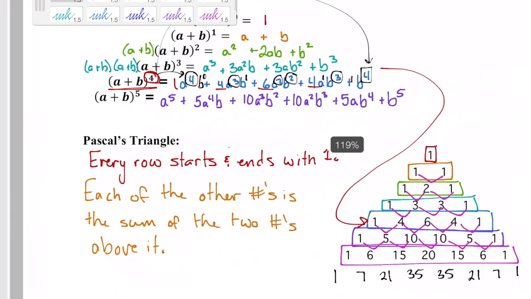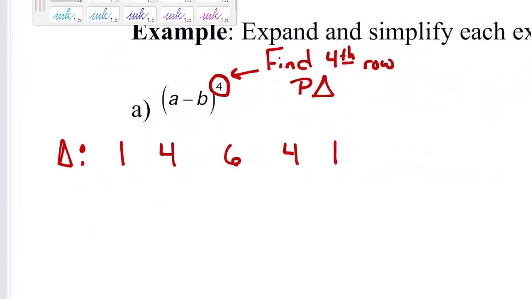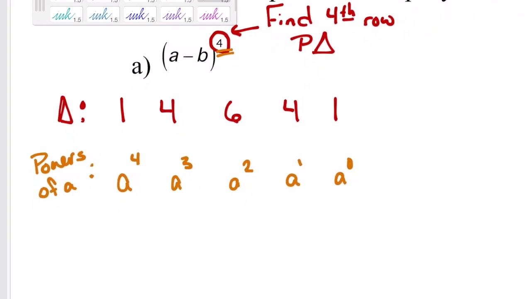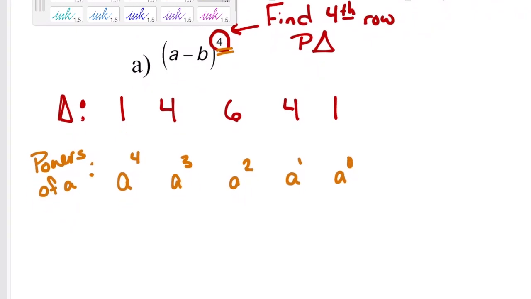So basically, when I start with my powers of a, I'm going to start with the highest exponent, which is the exponent we have, so to the 4th, and then I'm going to go down. So a to the 4th, a cubed, a squared, a to the 1st, and a to the 0. And then for my powers of b, well, in this case, negative b, I'm going to do the opposite.